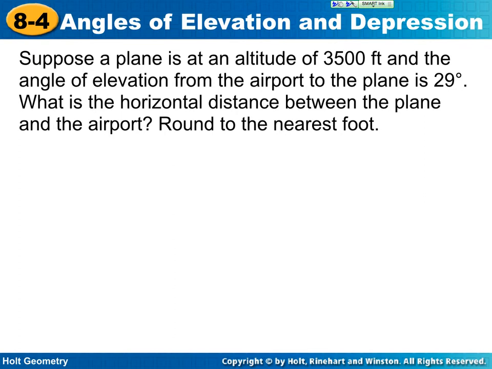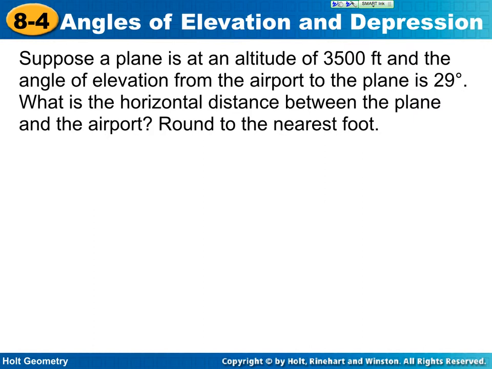Okay, this one: suppose a plane is at an altitude of 3,500 feet and the angle of elevation from the airport to the plane is 29 degrees. So you've got an airport and you've got a plane. Keep in mind there's a right triangle that we're trying to put together here.